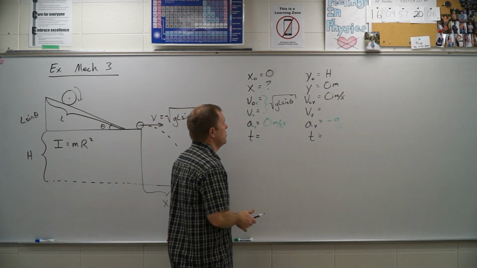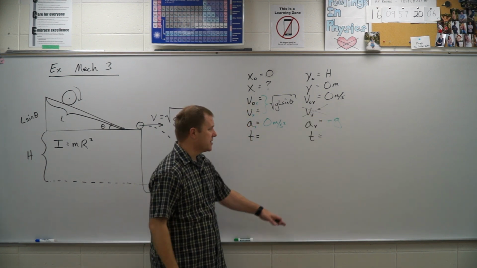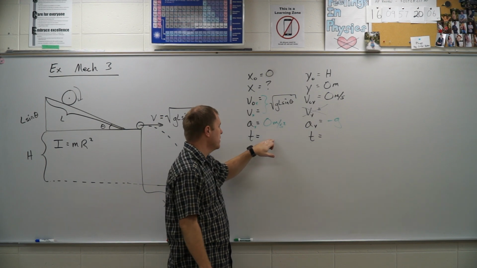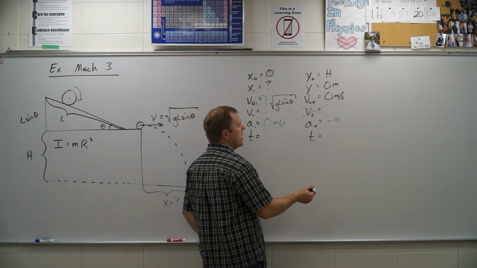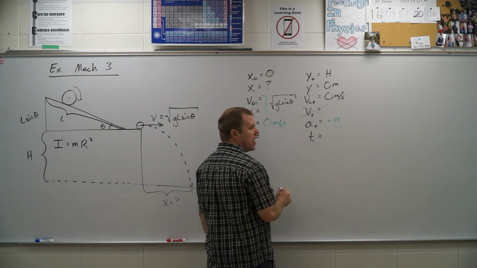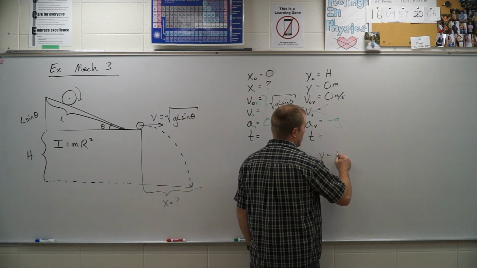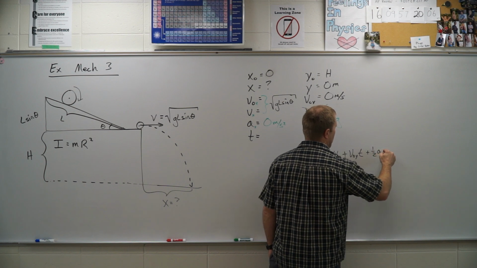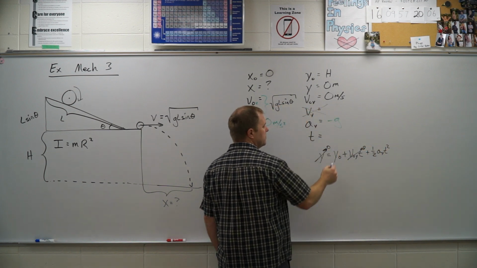So what I want to do is pick an equation that doesn't have the final vertical velocity in it to solve for time. Once I get time, I'm going to plug time in over here and solve for x. So let's go ahead and do that. I'm going to pick an equation without v final. That would be equation number 2. So I have y equals y naught plus v naught y t plus 1/2 a y t squared, crossing off things that are 0.